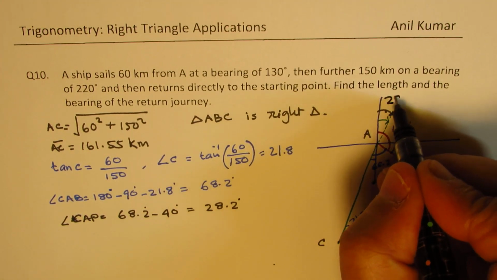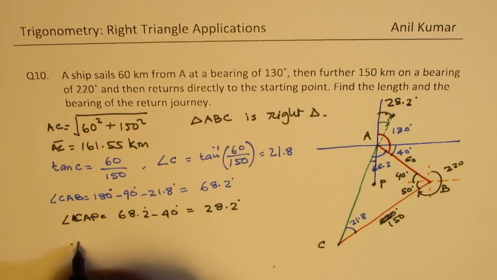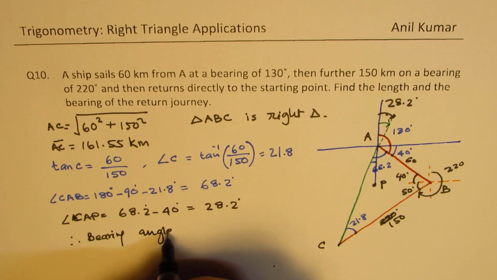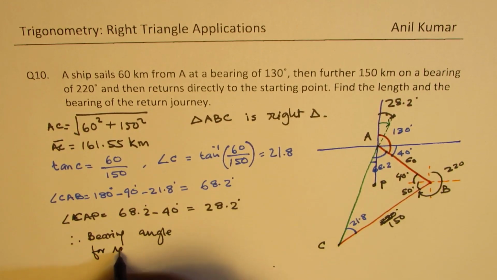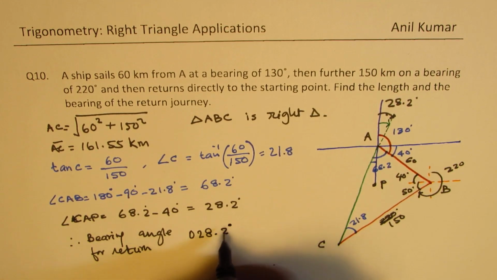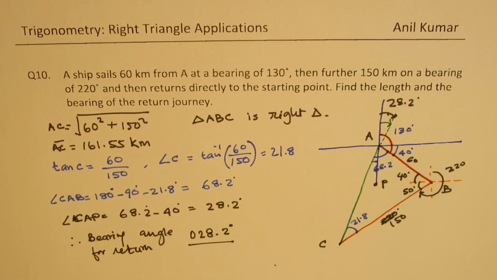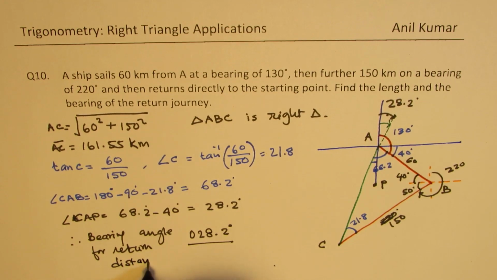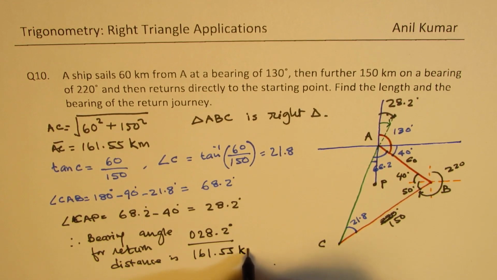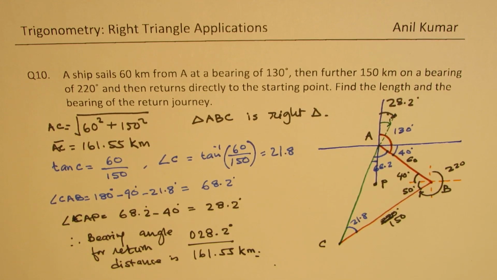And so we have this angle as 28.2 degrees. And therefore, the bearing angle for return is 028.2 degrees, correct? And we already found the distance as 161.55 kilometers.